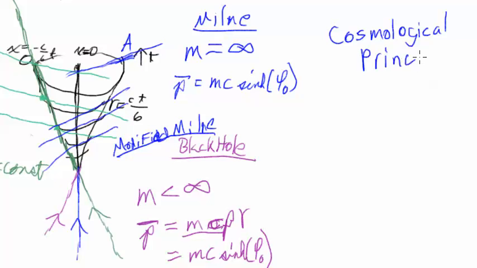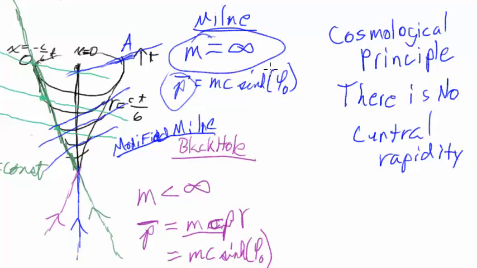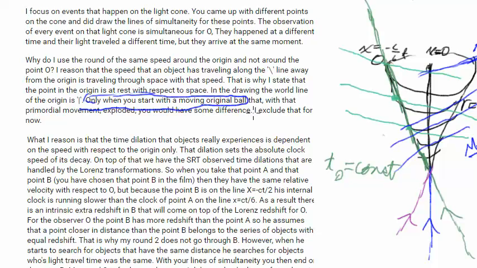In the cosmological principle, basically there is no central rapidity. So there is no average momentum, and if there is no average momentum, then the mass of the universe has to be infinite. So this has different meaning.